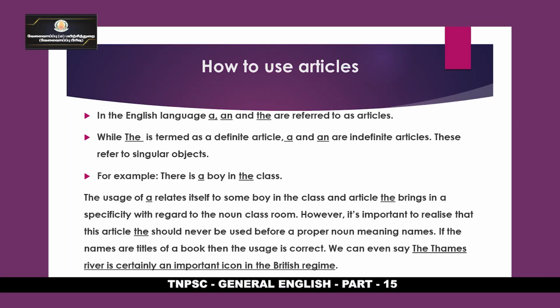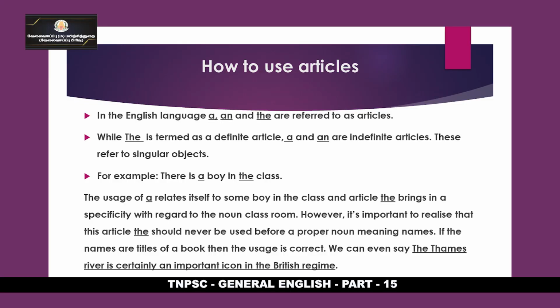So the usage of a refers to some boy in the class, while when we are specific about something, we use the article the. It is important to realize that the should not be used before proper nouns. For example, you can't say the James, the Tom. The can, however, be used in front of certain names like Ganges, the river Ganges, or as in the example I've given you here.